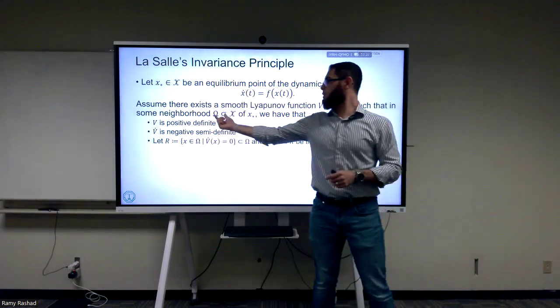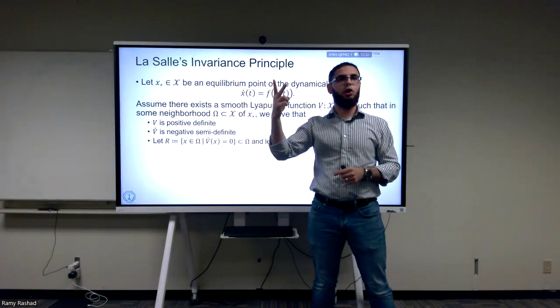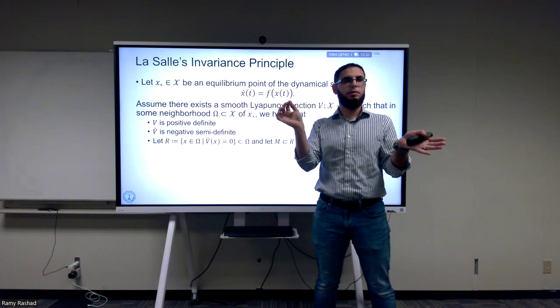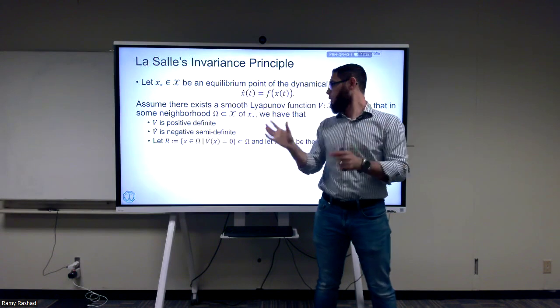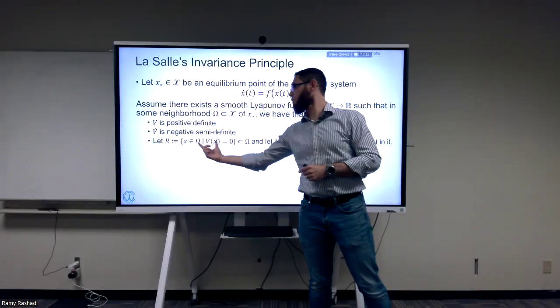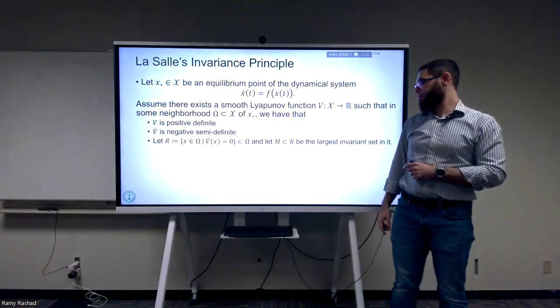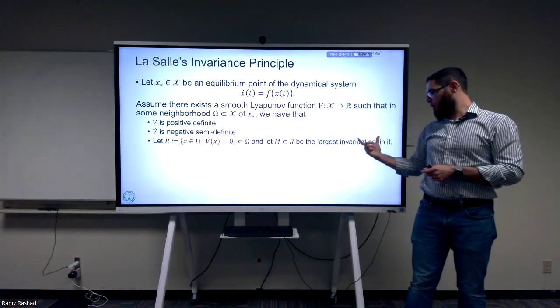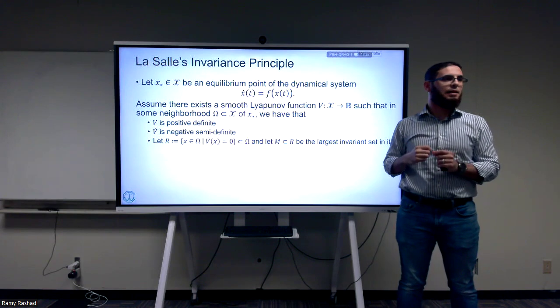So in this neighborhood, V dot has 2 possibilities, either something negative or 0. If we only take the points that satisfy V dot equal to 0, then we call this set R. And let M be the largest invariant set in this set R.